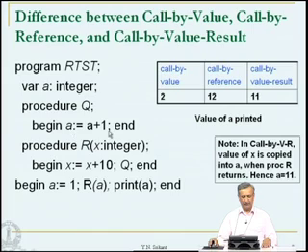A had 1 here and A became 2 here. This x was corresponding to the local variable itself, but once R terminates, the value of x, which corresponds to this parameter, is now copied into the actual parameter, which is nothing but A. So, A now gets the value 11, which was the value of x. So, when we say print A, it actually prints 11. So, all these three methods of passing parameters actually yielded different results, because there was a global variable involved, and of course, the method of passing parameters itself is very different.